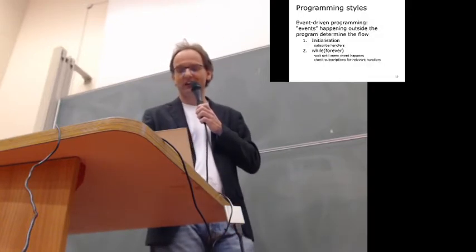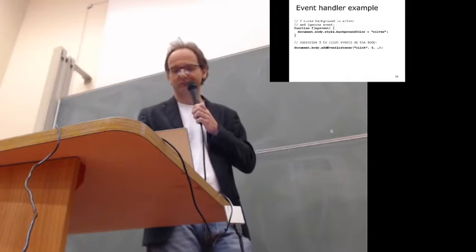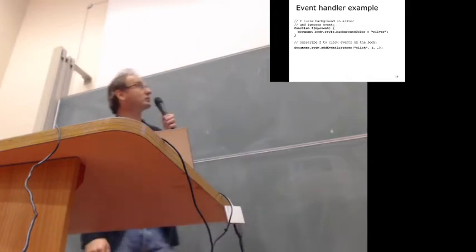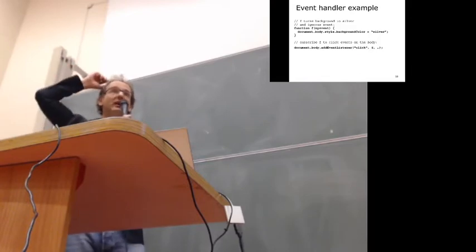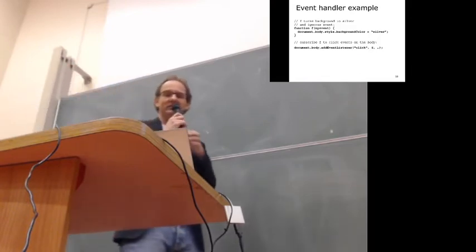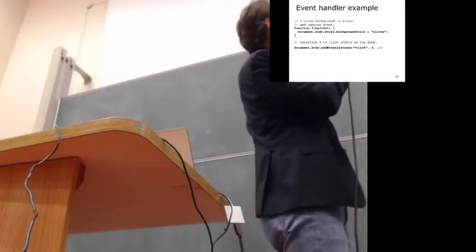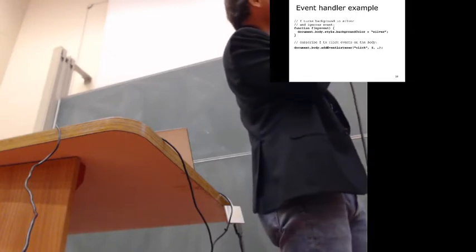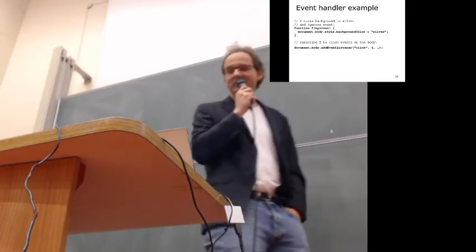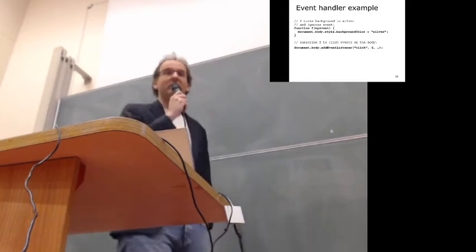So these attributes are one way to do it. You can also do it entirely in the JavaScript. This is an extremely simple example where, when the event happens, the body style background color turns to silver.